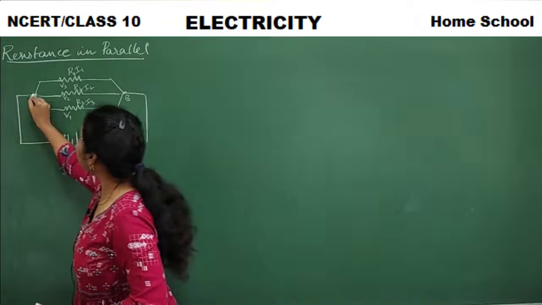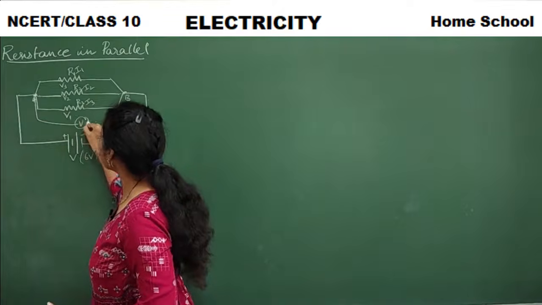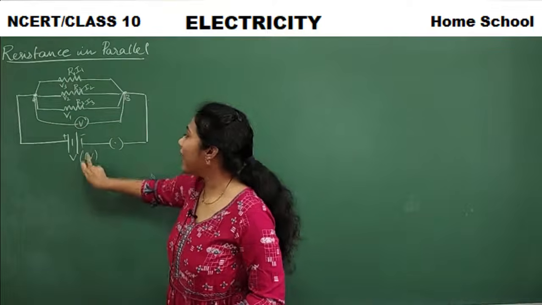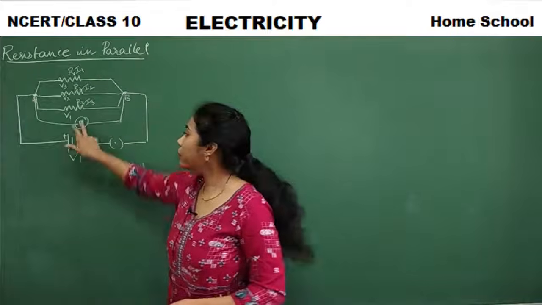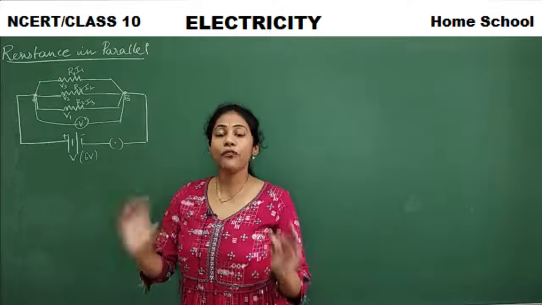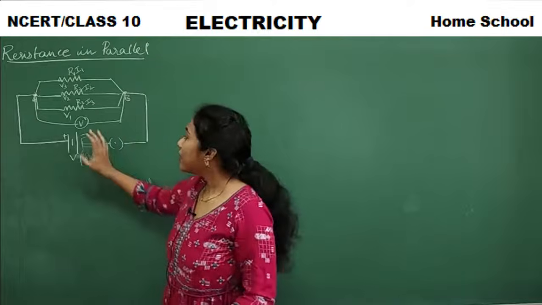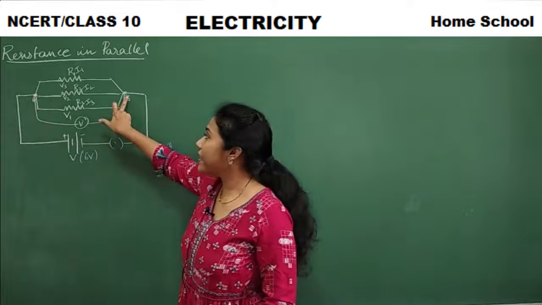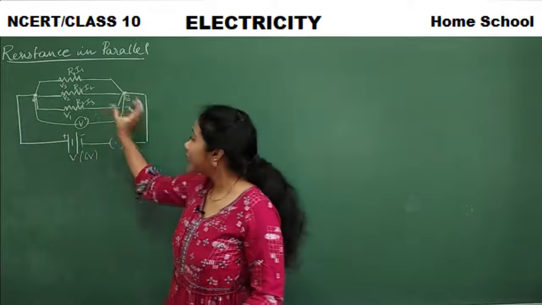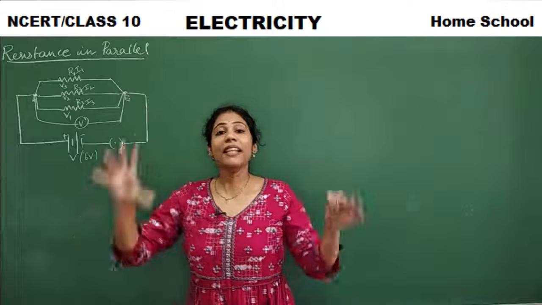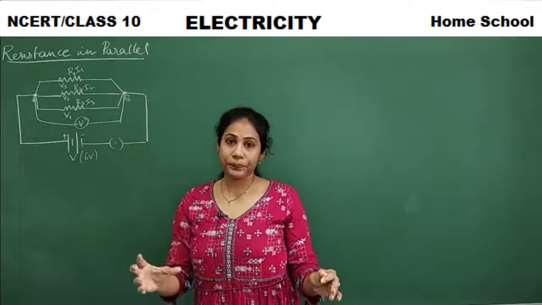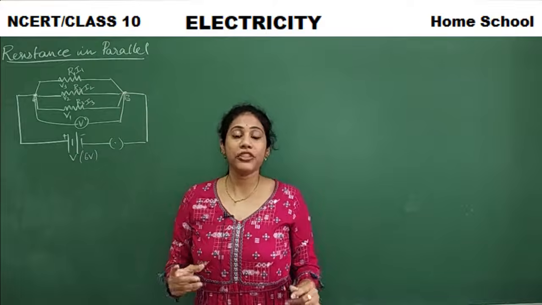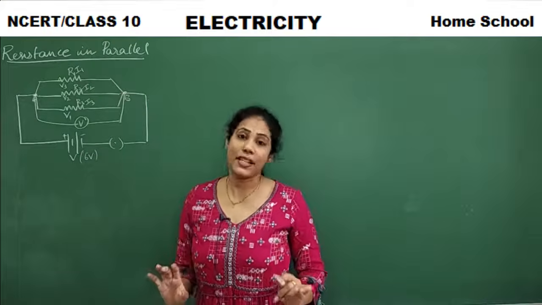When you keep a voltmeter and check the voltage of these ends, you will have 6 volts only, because all the three resistors are connected to the same points. They have the same ends, that means they have similar electric pressure difference. So that's the reason in case of parallel combination, voltage remains constant.